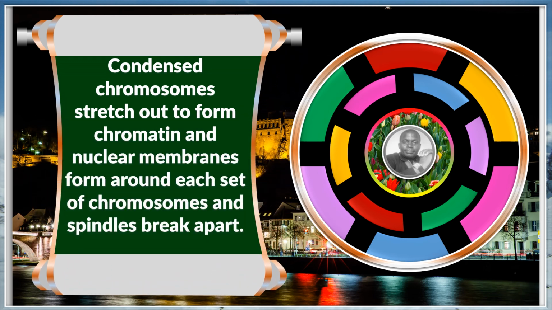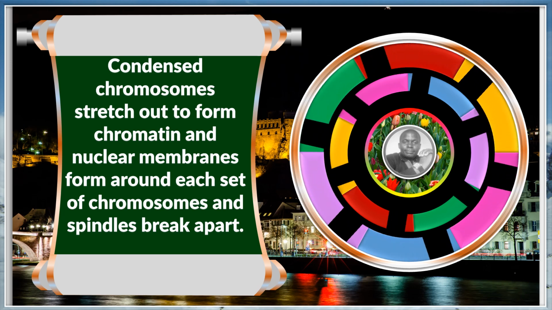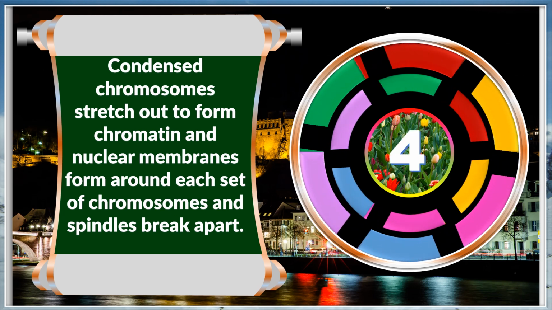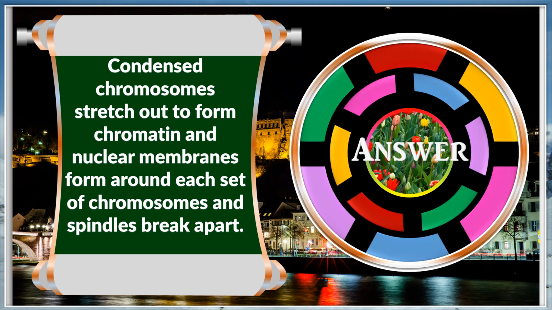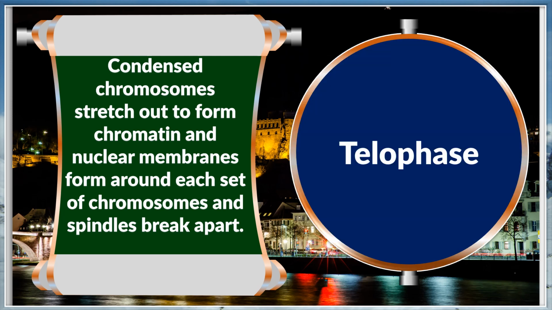Condensed chromosomes stretch out to form chromatin, and nuclear membranes form around each set of chromosomes, and spindles break apart. Telophase.